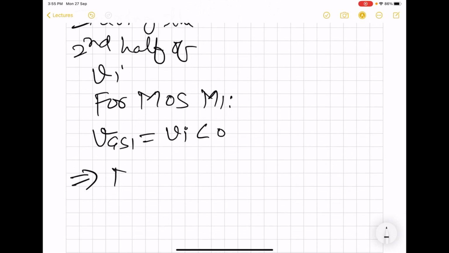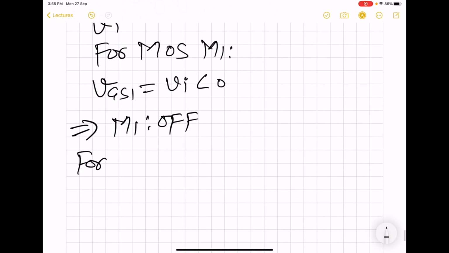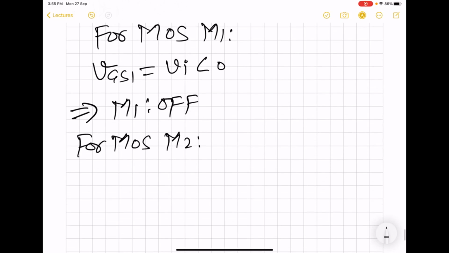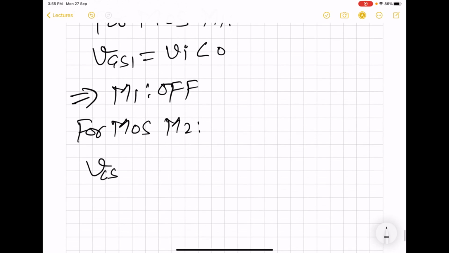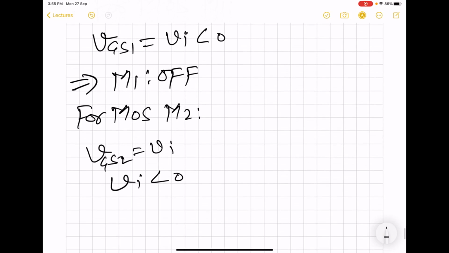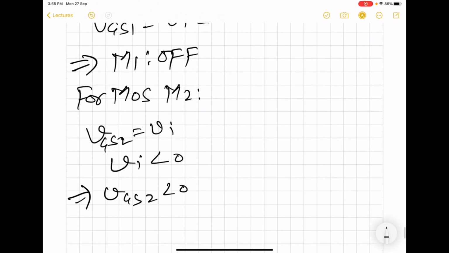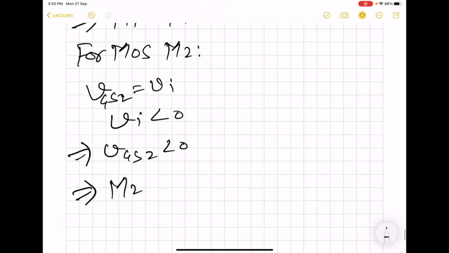This implies that M1 is off, but for MOS 2, VGS2, which is also equal to Vi, Vi is negative, implies that VGS2 is negative. That implies that M2 conducts.